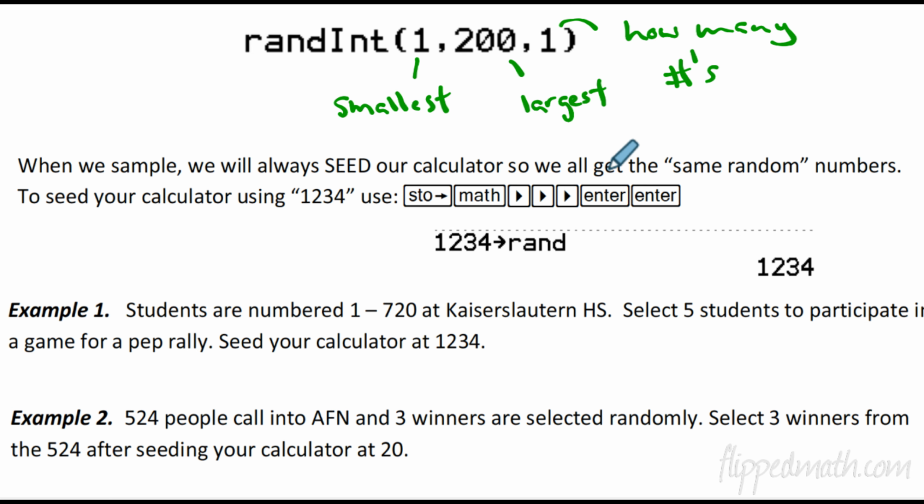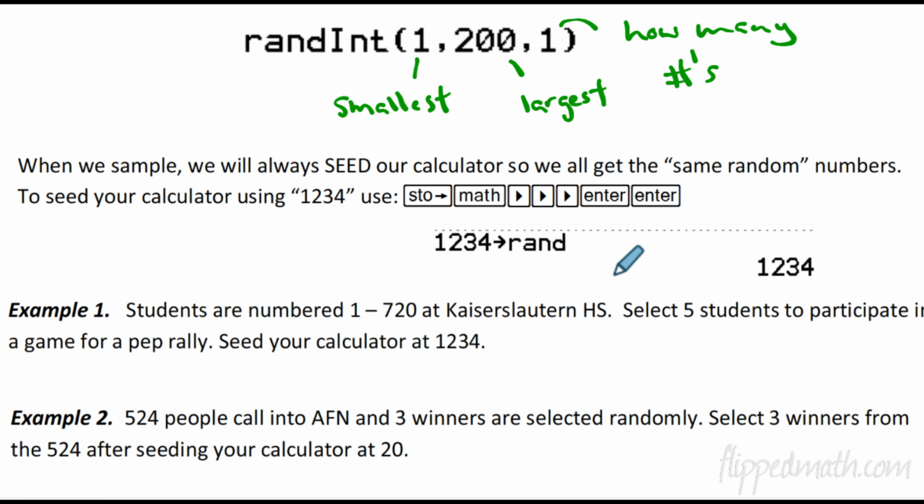So what we can do is synchronize our calculators, if that makes sense. What you do is you just put a number in and you store it into a random function. And what it does is it puts you in a certain place and we're all going to be in that same exact place. And that's just going to guarantee we get the same answers.